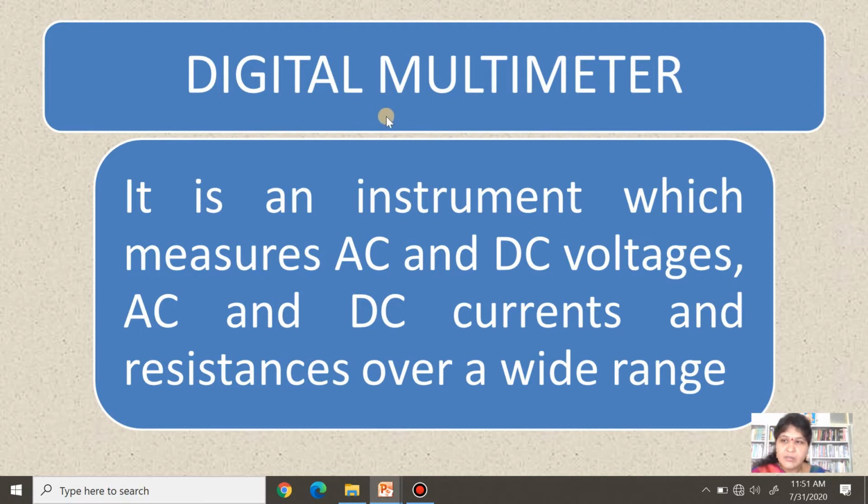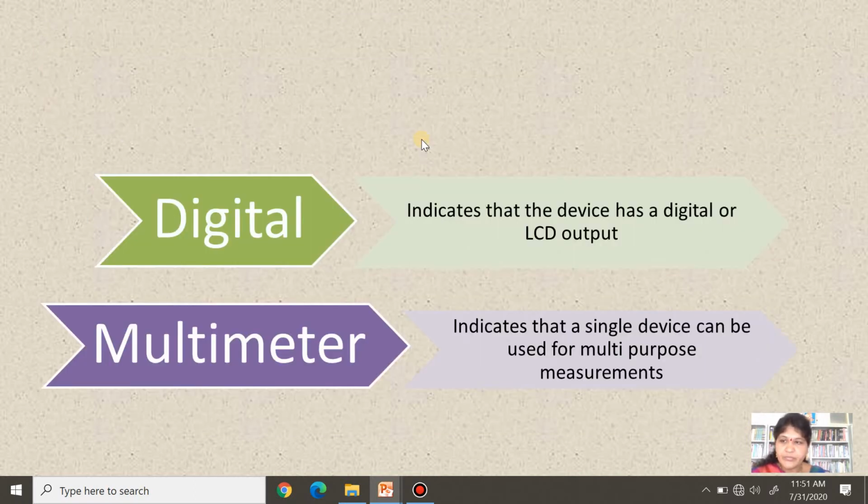Now the term digital multimeter consists of two terms, digital and multimeter.